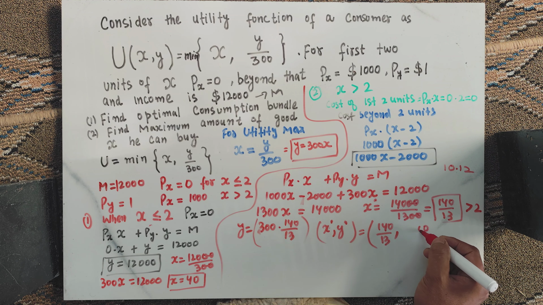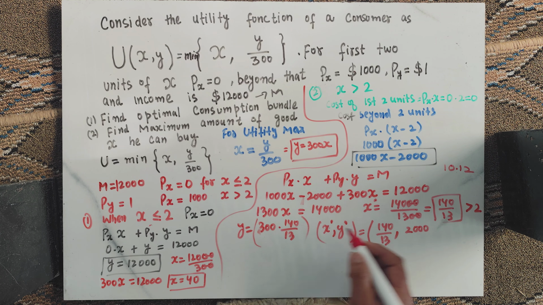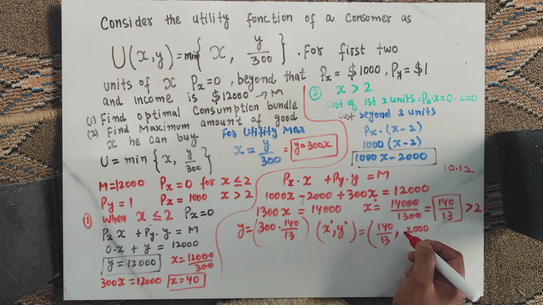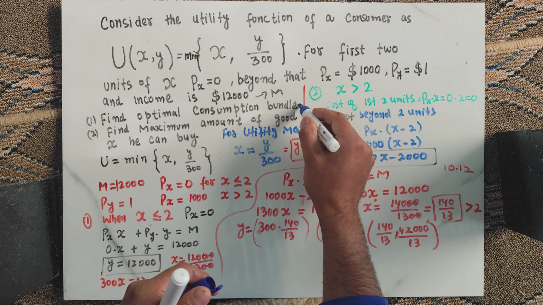I am not sure whether I have done the calculation correctly or not. So the consumer will consume this amount of good X and Y. So this is the answer for the first question.